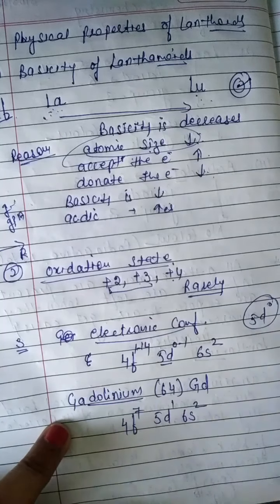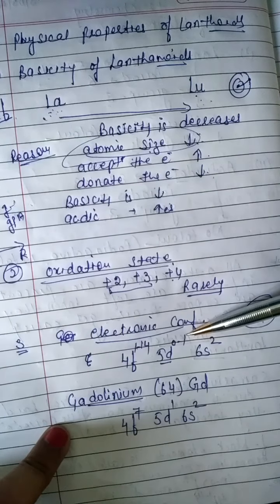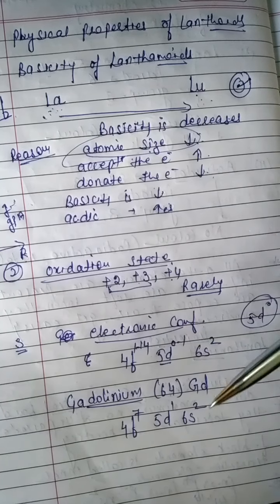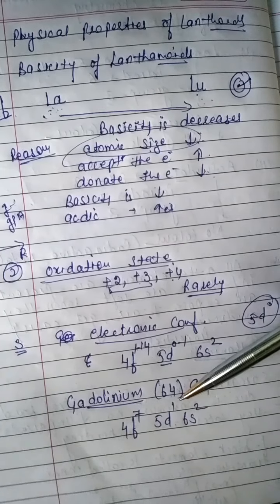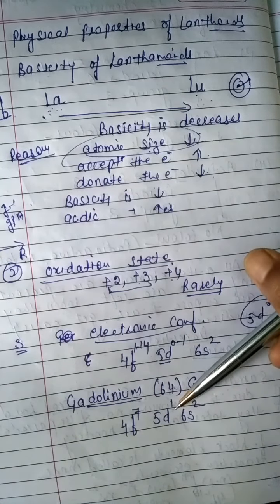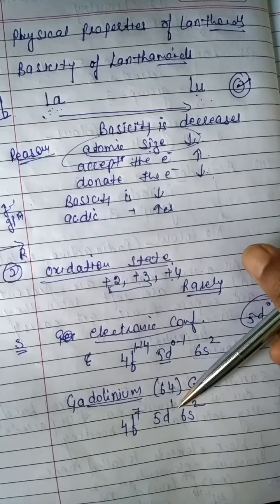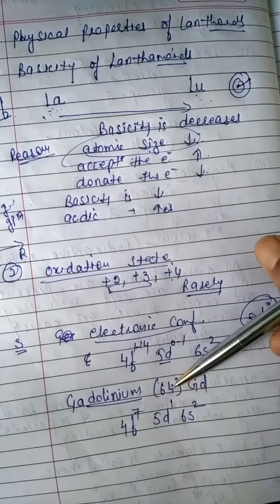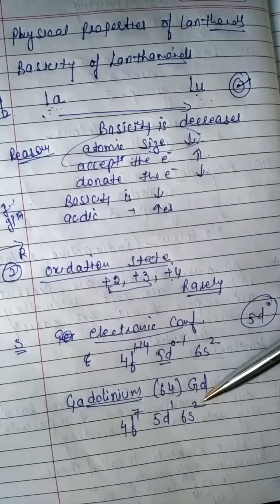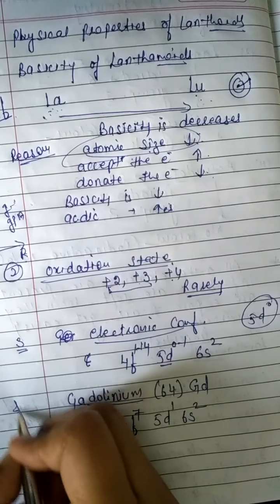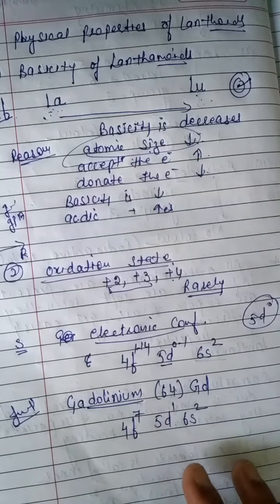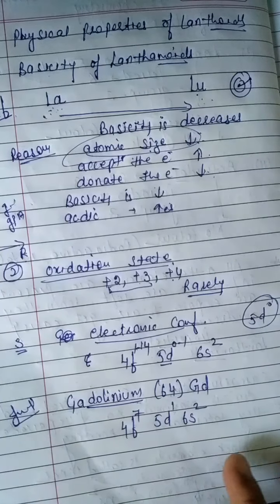Clear? All the rest of the metals in the lanthanide series have 0 electrons in d, but in the case of gadolinium one electron is present in the d orbital. So the atomic number is 64 and the configuration is 4f7, 5d1 and 6s2, and that is important. Mostly the question is: what is the electronic configuration of gadolinium? Clear?